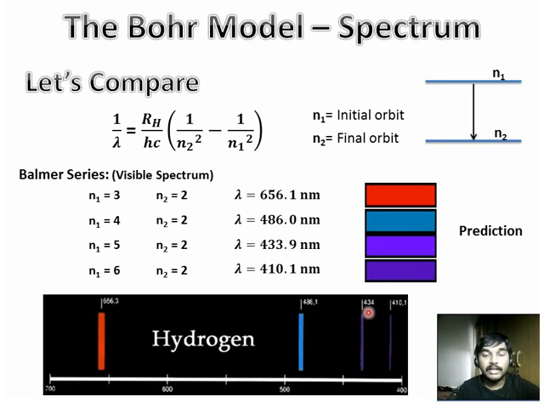One line in violet is 433.9, which is 434 nanometers, an extremely good match. And the last one is 410.1, bang on 410.1 nanometers, so it matches exactly. And these are your experiments. So the theoretical predictions match the experiments very, very well.